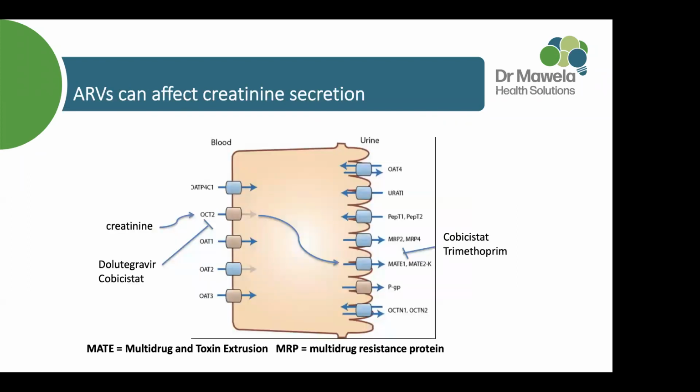Now, it's important to know that certain drugs that the patient might be taking may potentiate renal toxicity. If you look at dolutegravir, I'm sure all of us know that our patients who take DTG have this slight increase in their creatinine levels. And we always say it's not something you should be worried about. It is generally temporary.